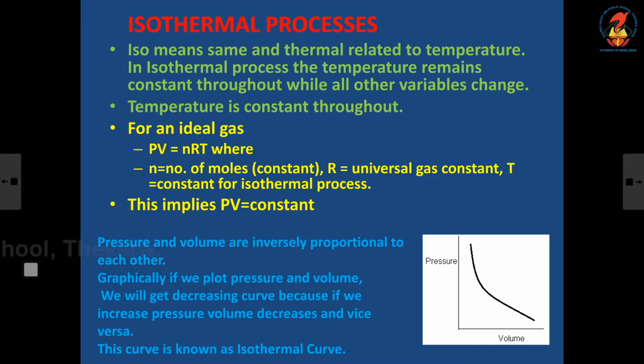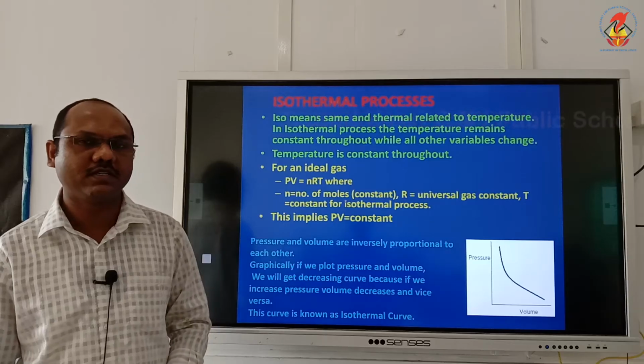So, for an ideal gas, we can say like this: PV is equal to nRT, where n is the number of moles, which is a constant, R is the universal gas constant, and T is also constant because it is an isothermal process.